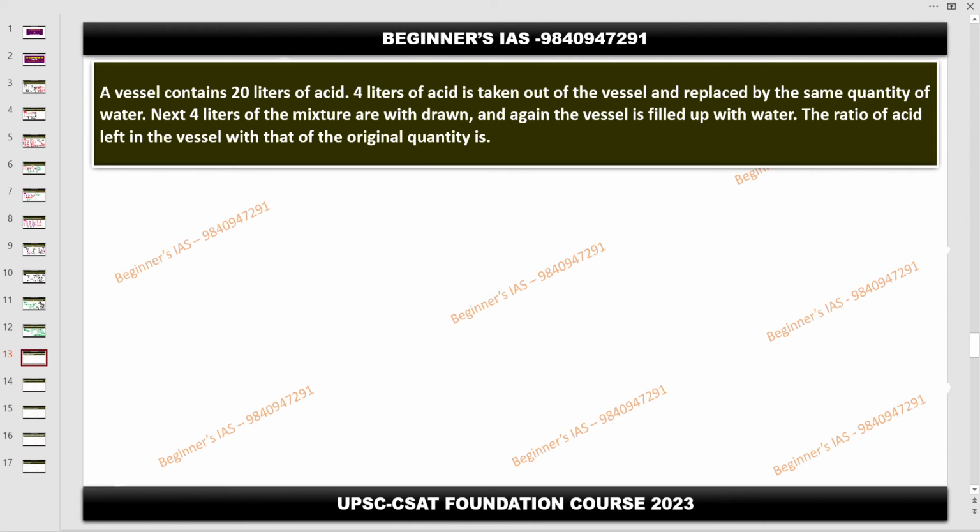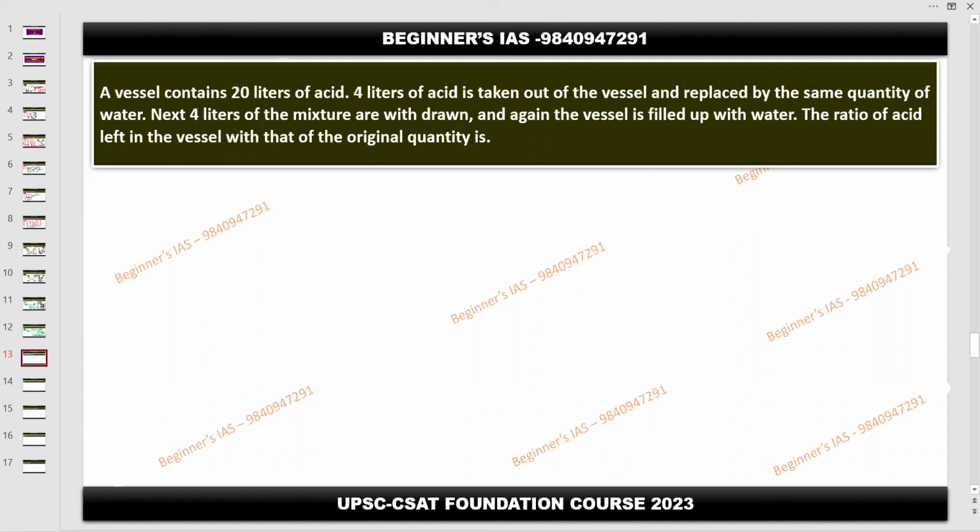Twenty is to 12.8. 12.8 is to 20. Listen, the ratio of the acid left in the vessel with respect to the original quantity. 12.8 is to 20, correct.